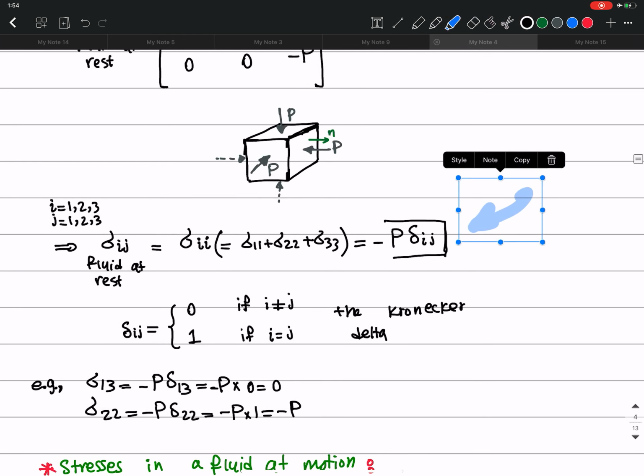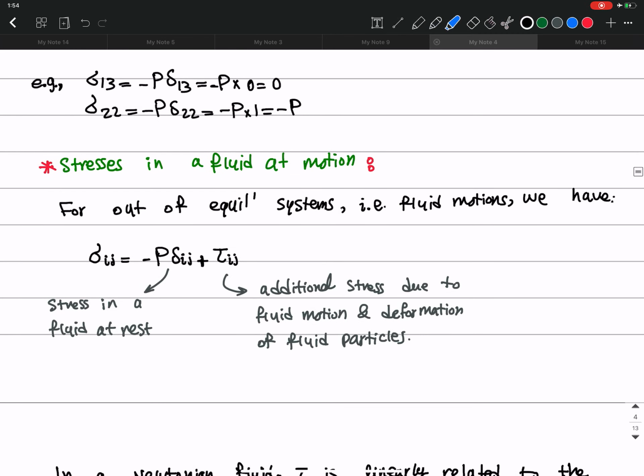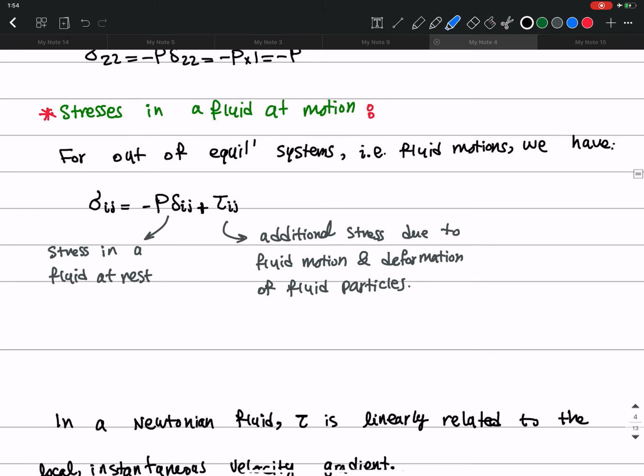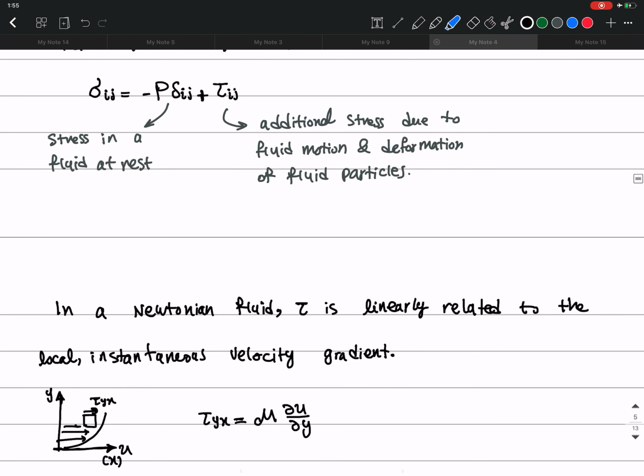And then we started to derive these stresses in a fluid at motion, so we can decompose it into two components: one for stress in a fluid at rest, and one for additional stresses due to fluid motion, which we are going to derive in the next lecture based on this linear relation between the shear stresses and velocity gradients.